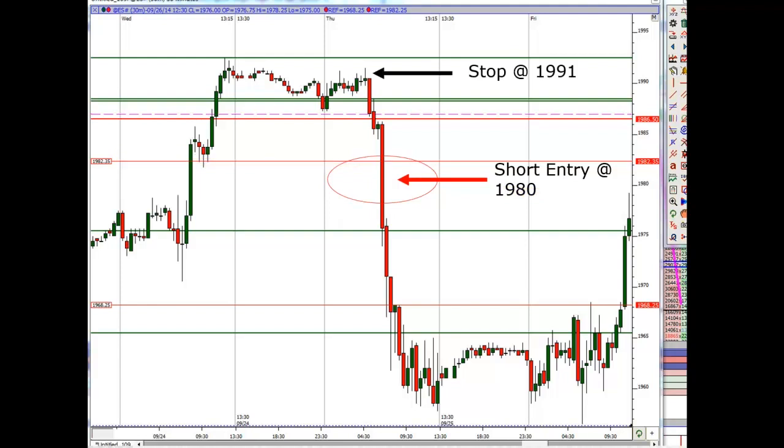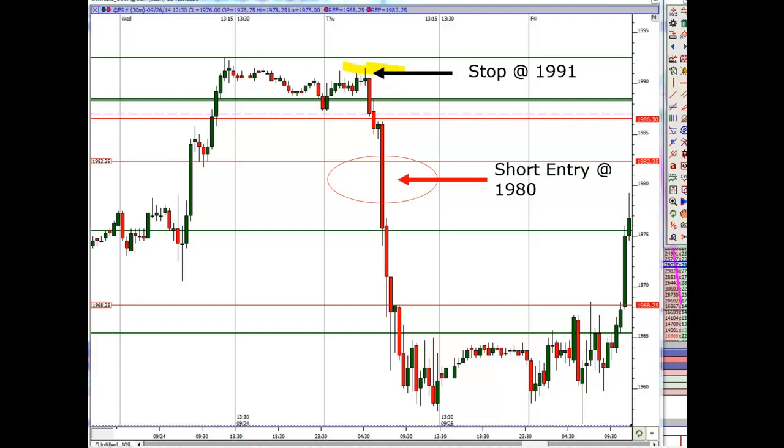Then it behooves me to make sure that I have a good risk management strategy, and right here I would place my stop at 91. I mentioned earlier that your stops are going to be much wider. Those of you who are used to intraday or scalping techniques may find these wide stops, but as you continue to monitor the trade, there is security because this level has failed twice up here.